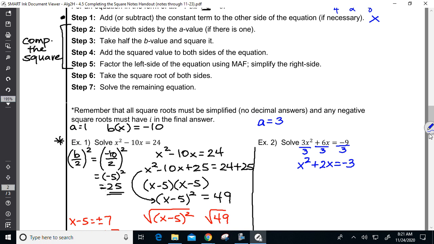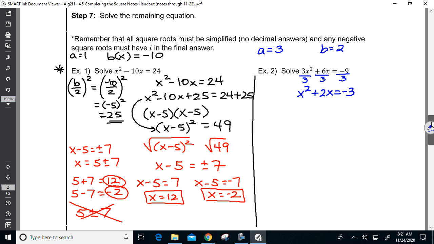Step 3, take half the b value and square it. So b is equal to 2. So if we take half the b value and square it, b over 2 squared, that's equal to 2 divided by 2 squared.